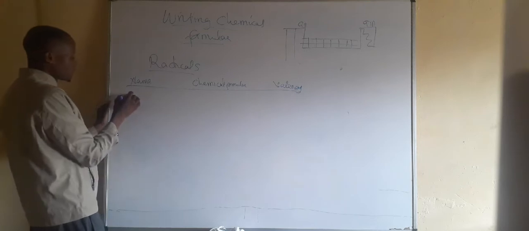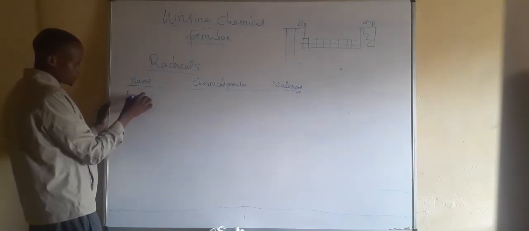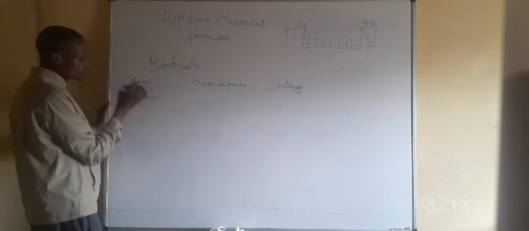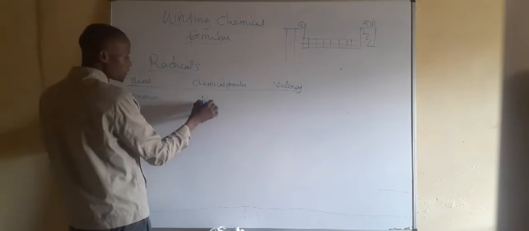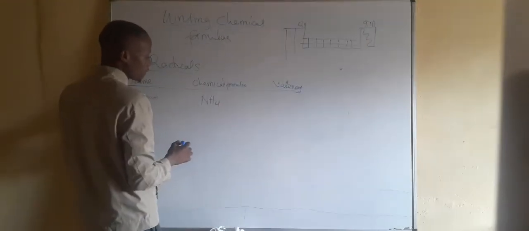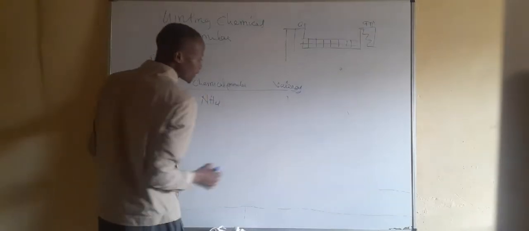We have what is called ammonium. Ammonium has the chemical symbol NH4. The valence number for ammonium is 1.